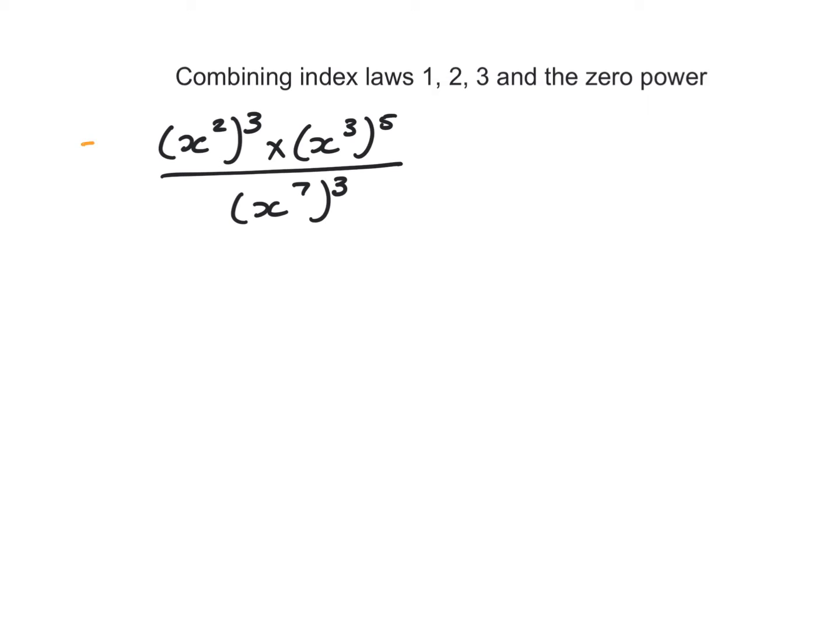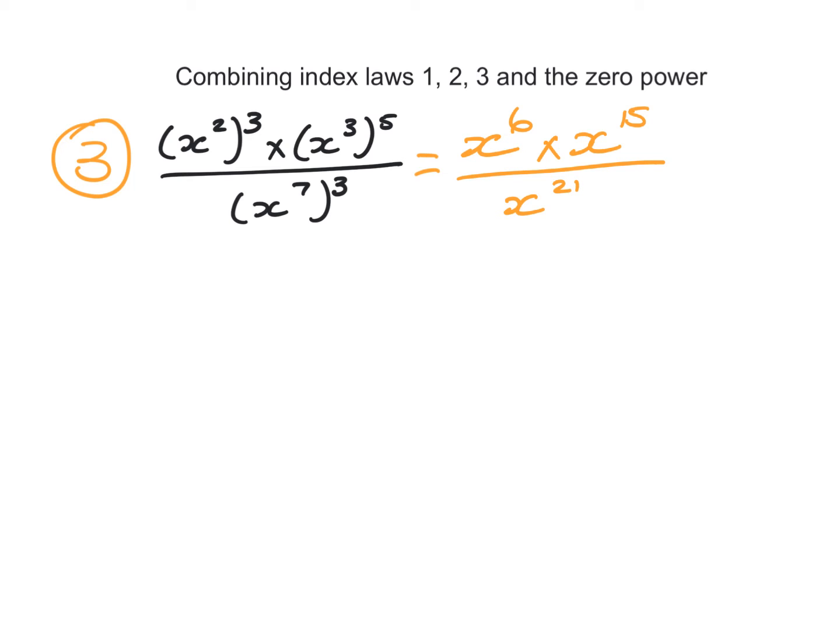Alright, I'm going to use index law 3 to start off with, and index law 3 allows me to multiply these indices out. So I'm going to have x to the power of 2 times 3, which is 6, multiplied by x to the power of 3 times 5, which is 15, all over x to the power of 7 times 3, which is 21.